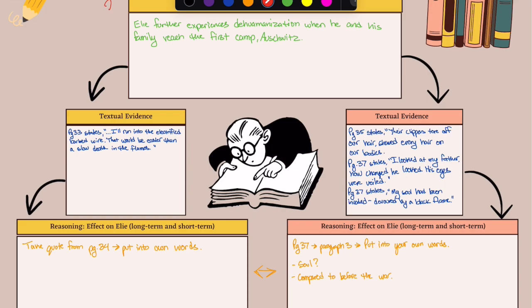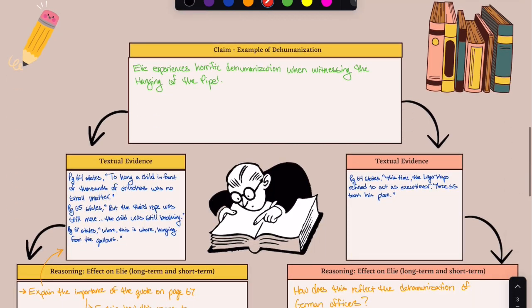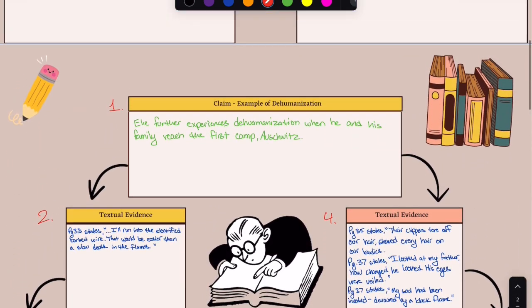So we have 1, 2, 3, 4, and 5. And then the same thing for body paragraph number 3. We have 1, 2, 3, 4, and 5. Okay? All right.